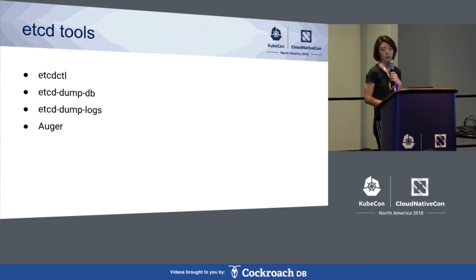If you're using etcd in Kubernetes, then you can use Auger to decode the protobuf of the Kubernetes object, and you can do some other nice calculations like the value size and how many revisions you have for each key and things like that. I think that answers some of the questions. And you can combine etcd dump-logs and Auger to give you the decoding of the object as well.